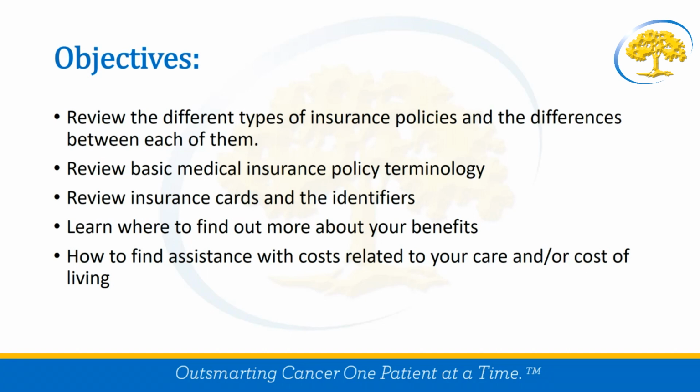And then we're going to review how you can find assistance with costs related to your medical care and during treatment, costs related to daily living, because it does get expensive when you're going through treatment, and there are times when you do need assistance.